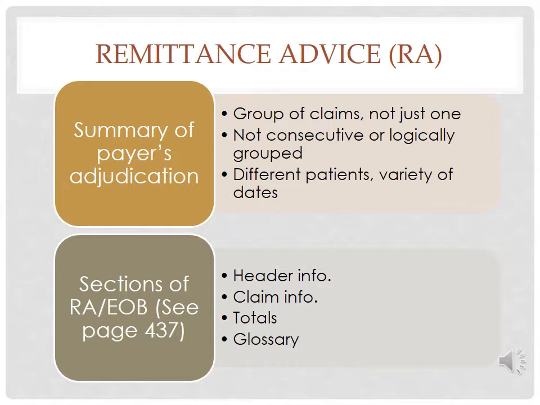And the remittance advices are sent in batches of patients with a variety of dates. They are not individually sent for each patient or each patient's claim all together. It's not like a nice, neat little package that one claim gets put in and those charges are just as neat put back. It's a batch, and so it could be for a variety of patients and a variety of dates, and could be several pages long, just to give you an idea there.